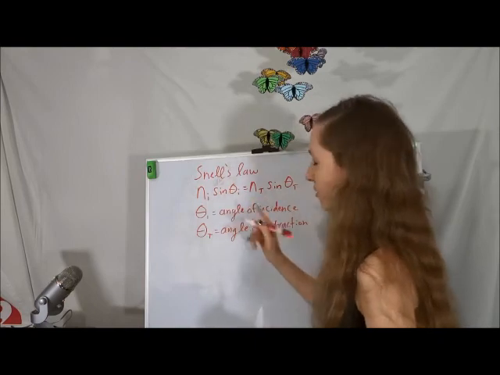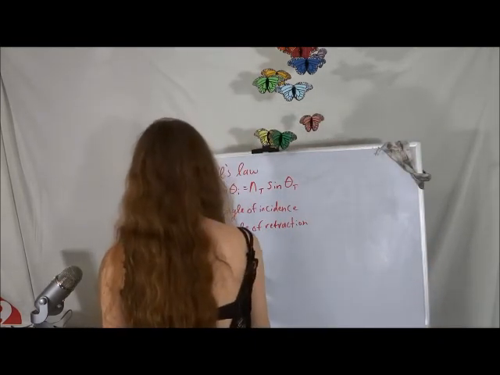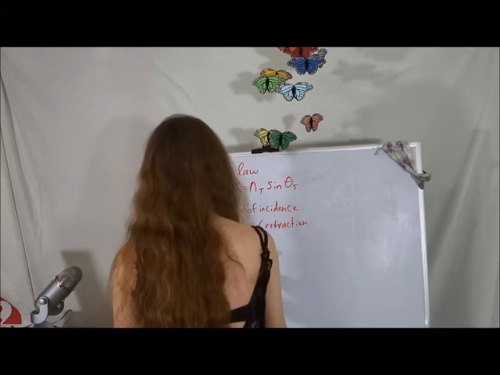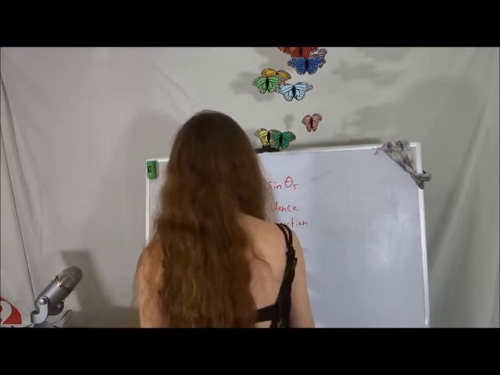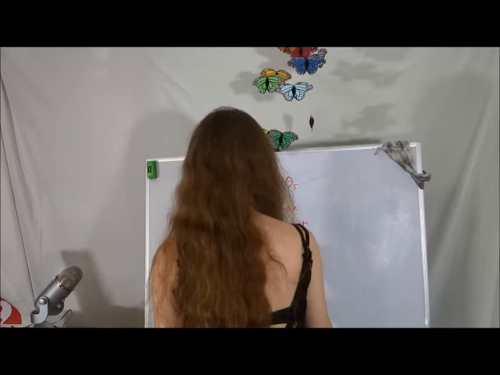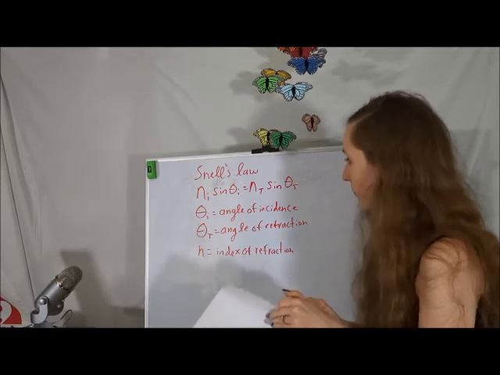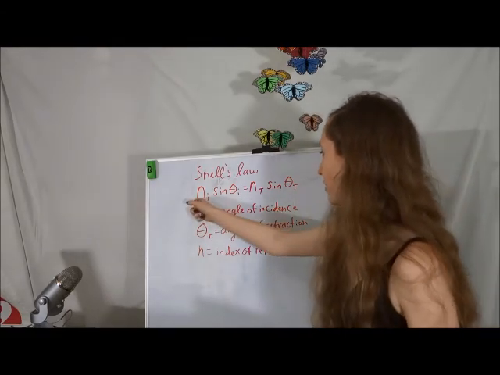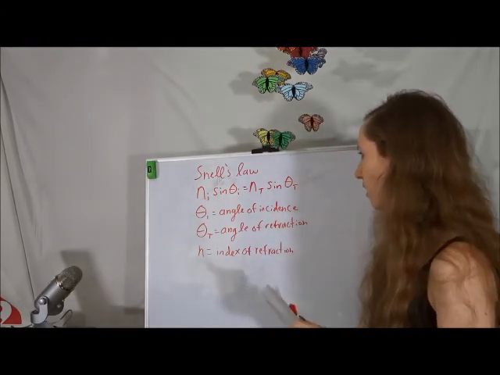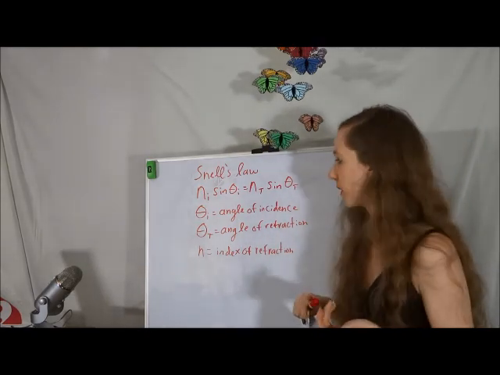The n's are just the respective indices of refraction. So n is an index of refraction. n sub I would be the index of refraction for our incoming material.